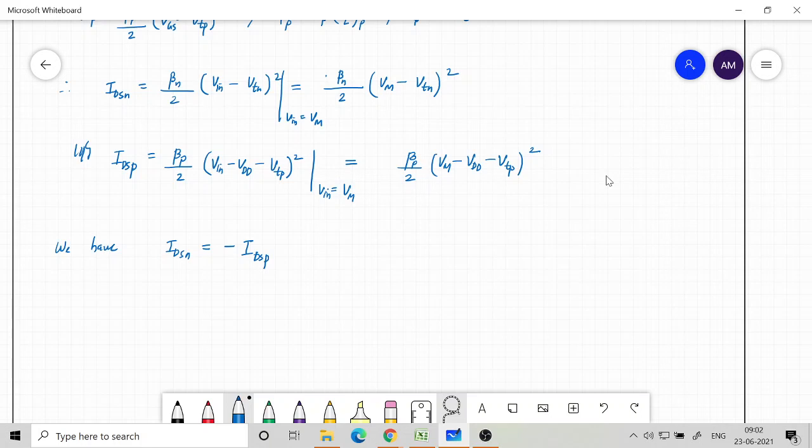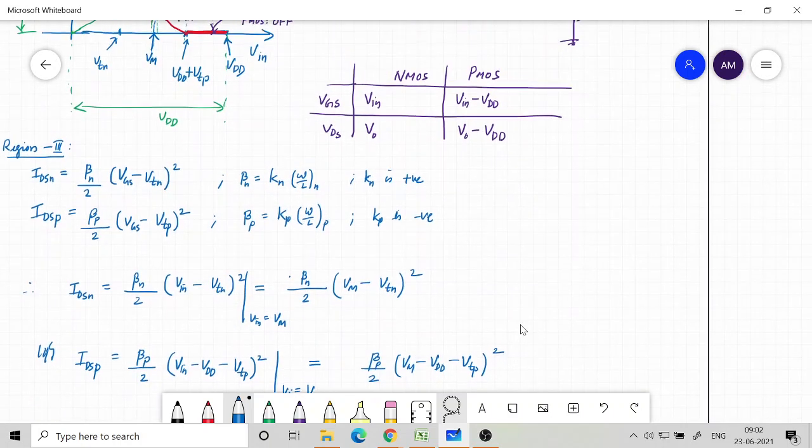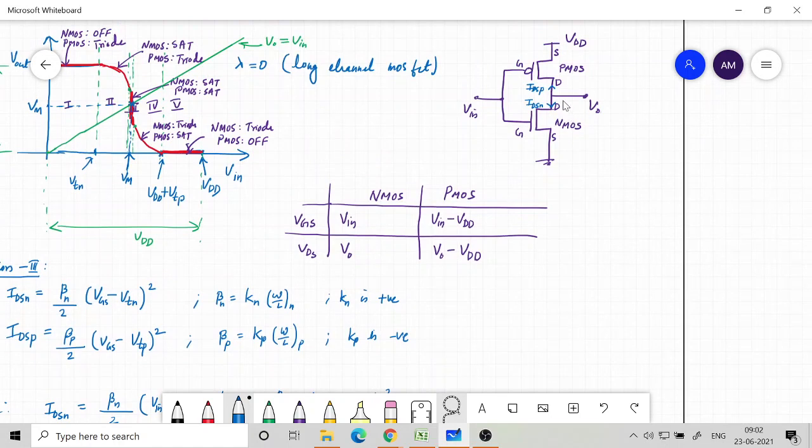If you take the negative of IDSP, that will be the current that is flowing down through the PMOS, so that should be the same, because that is the only path through which current can flow. Current is flowing from VDD to the ground, so through the channel of the PMOS it flows, and then the same current flows through the channel of the NMOS.